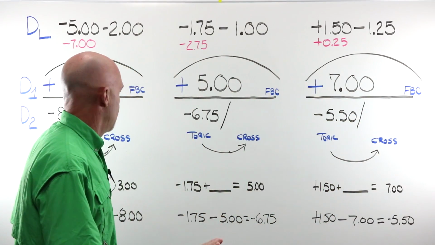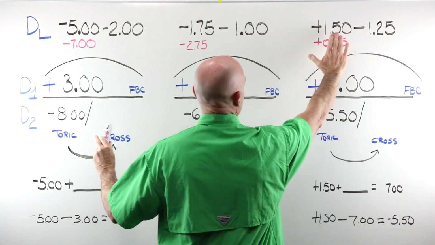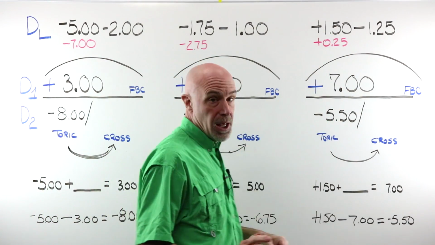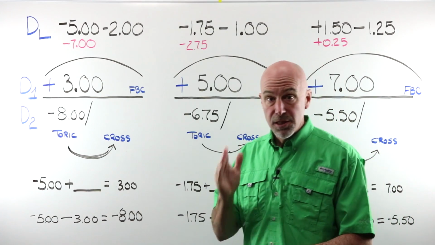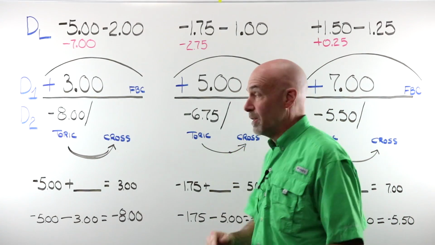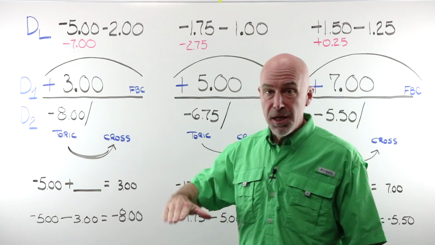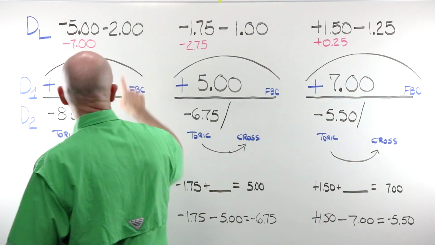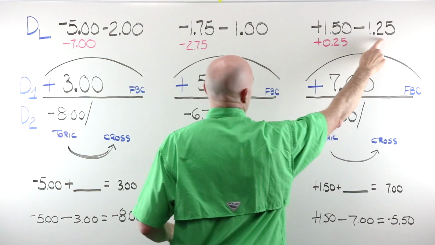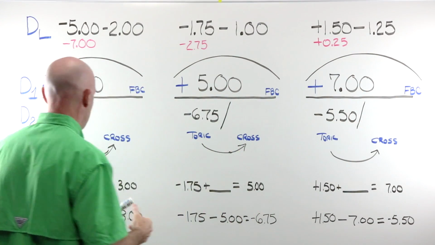We're not done. Those curves are only going to give us our spherical portion. Now we need to come in and grind that steeper curve 90 degrees apart on the back of it and determine what that power is going to be. How do we do that? We look at our cylinder value. That is where our cylinder comes from.